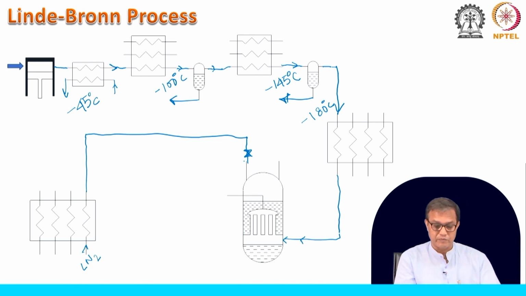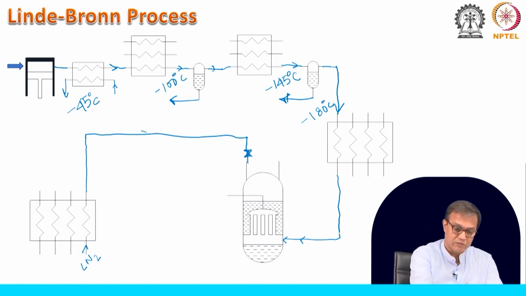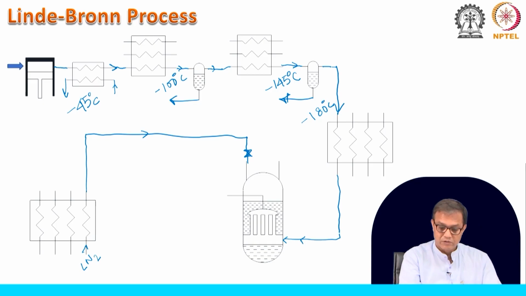This is called JT expansion. After this JT expansion, this will be provided over here. So, on the shell side, I mean on the tubes' outside part, it will be cooled with liquid nitrogen. So, we are providing liquid nitrogen.